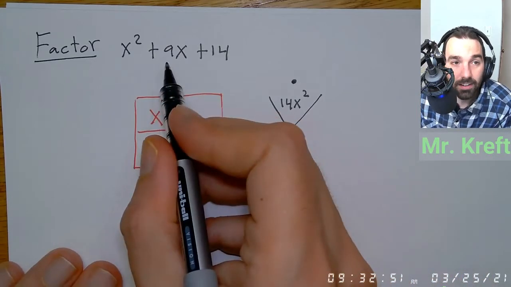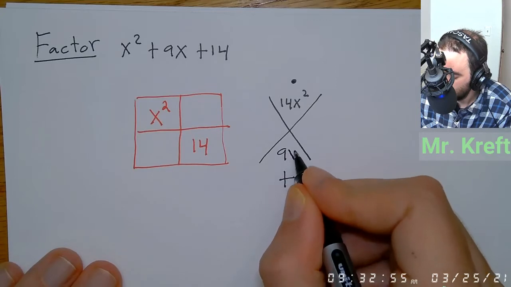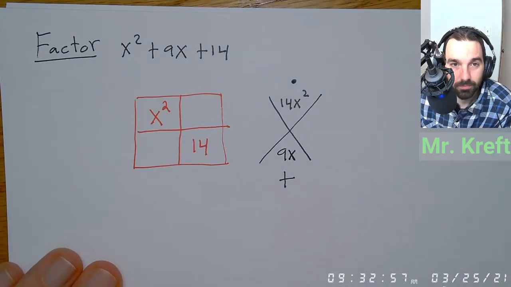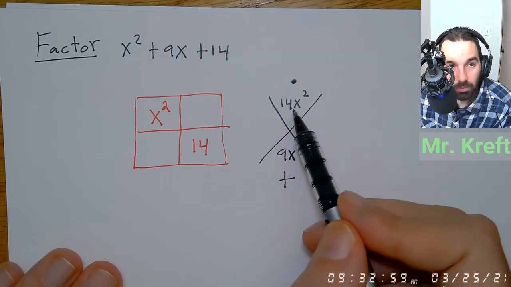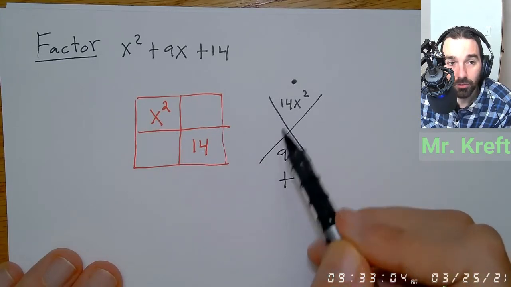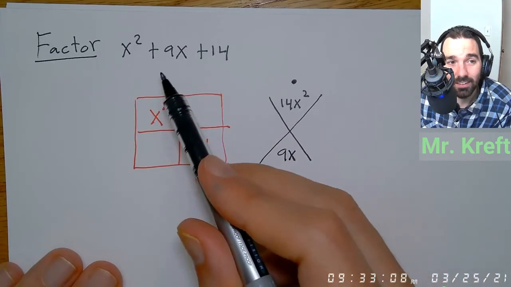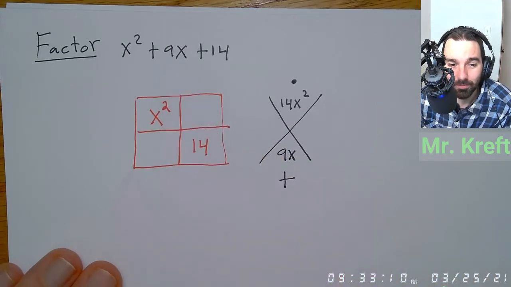And then they add to my middle number. So these numbers multiply to that, and then I add to this middle term.